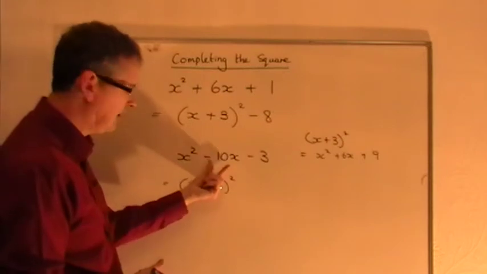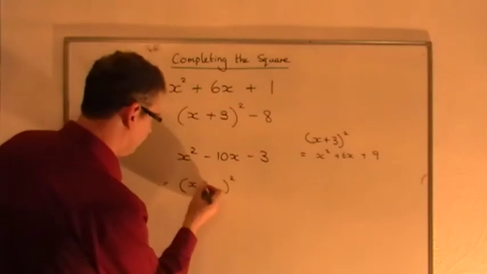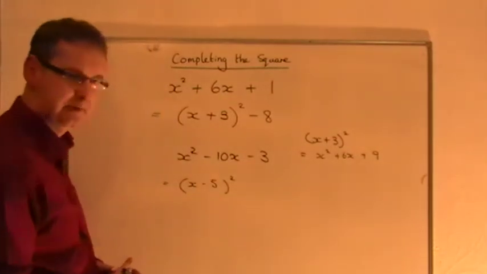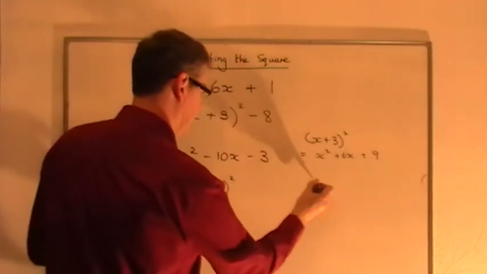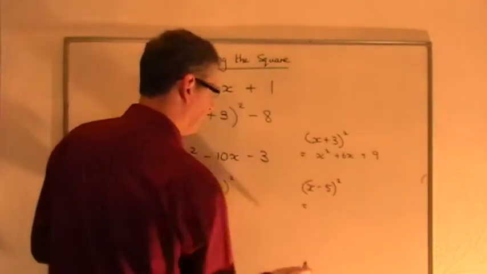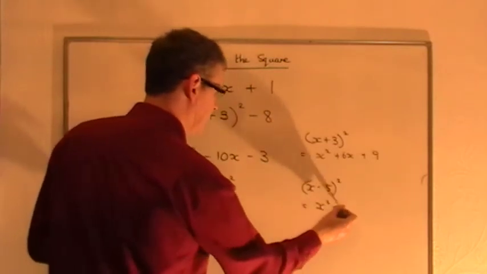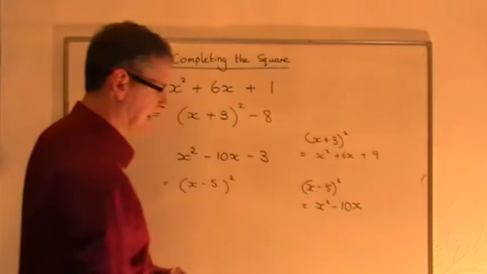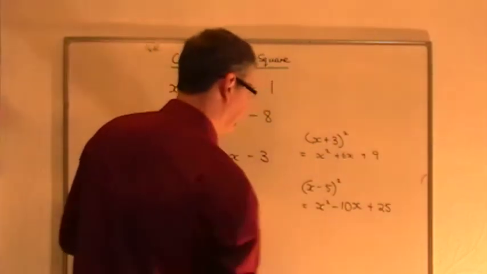Well, that is simply half of the number of x's, so if it's minus 10x, we have minus 5 there. If you imagine expanding x minus 5 squared, square the first term, you'd get x squared. Multiply the two together and double, you would get minus 10x. And square the second term, you get plus 25.